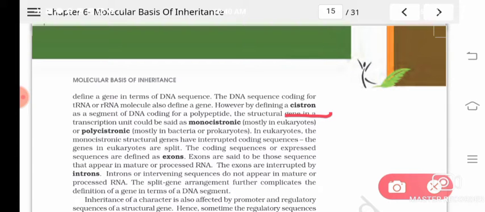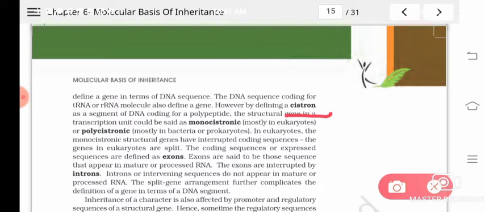They may be found in different places, or even in different chromosomes. So more adequately, we can call the part of the DNA which is able to produce a polypeptide chain a cistron.